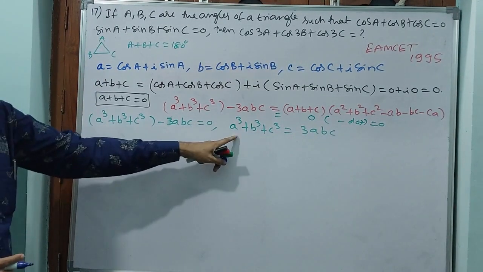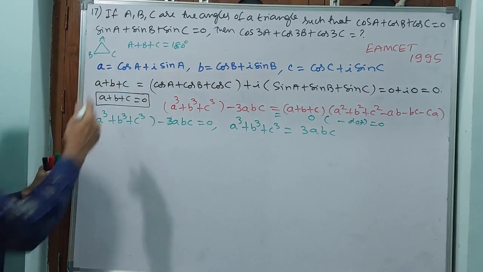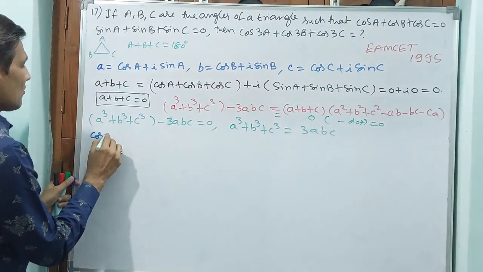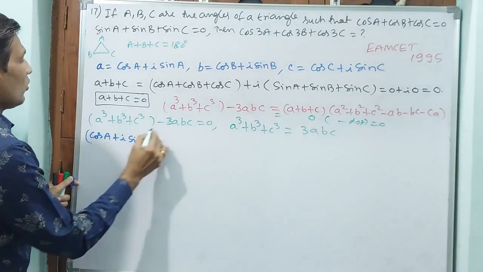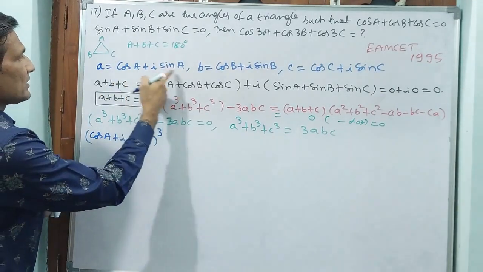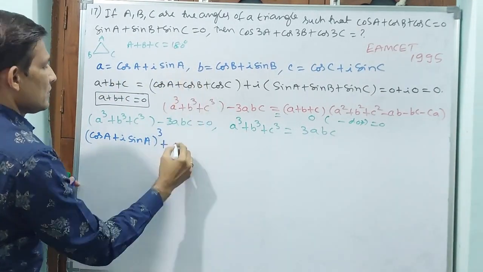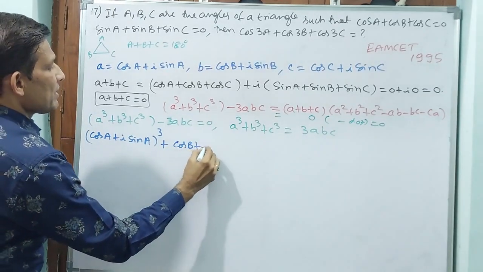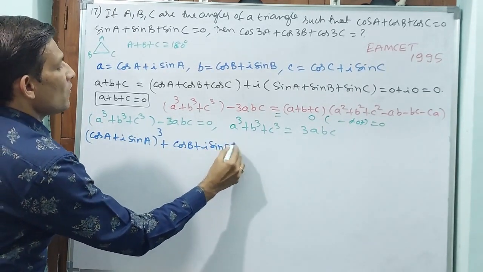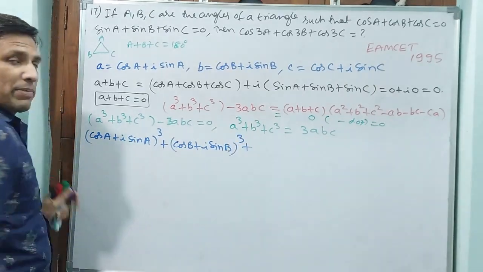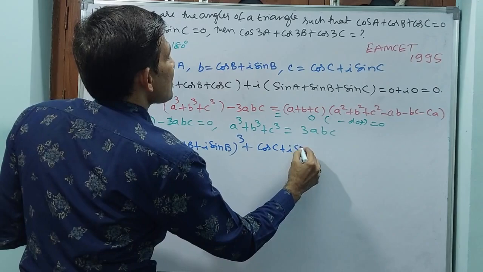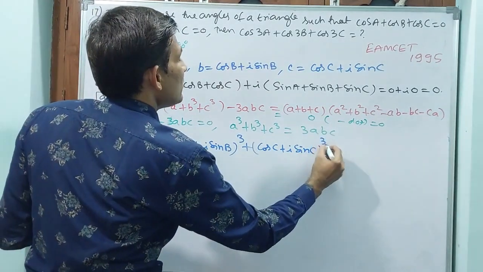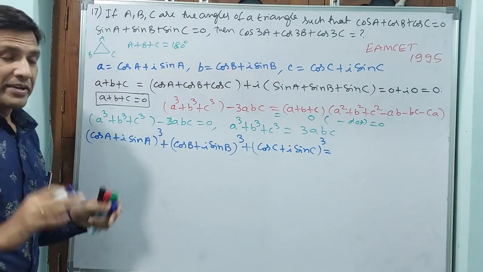Now what I am going to do? You see, A is cos A plus i sin A. So write down (cos A plus i sin A) whole cube, plus B cube, (cos B plus i sin B) whole cube, plus (cos C plus i sin C) whole cube is equal to, now wait carefully.